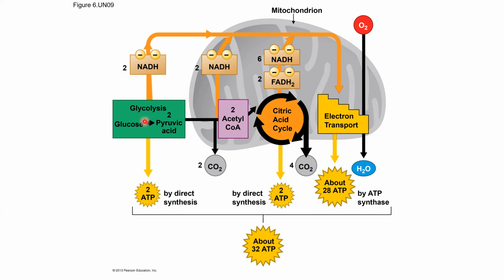So we split the glucose molecule, and the glucose molecule has carbon, hydrogen, and oxygen. Now, carbon and oxygen are leaving the cell in the form of carbon dioxide. 2 over here, 4 over here, so total 6. So we get rid of all these 6 carbons.